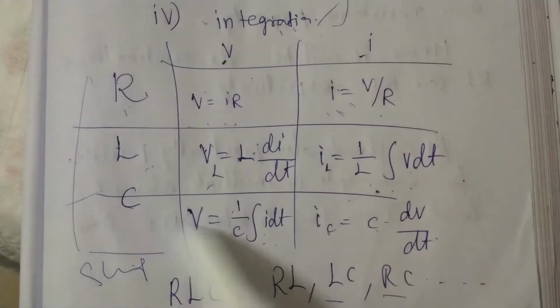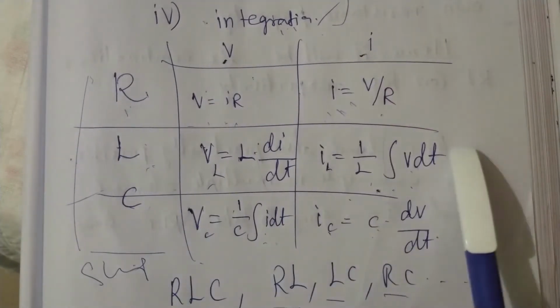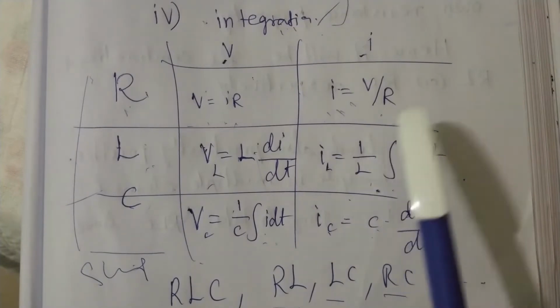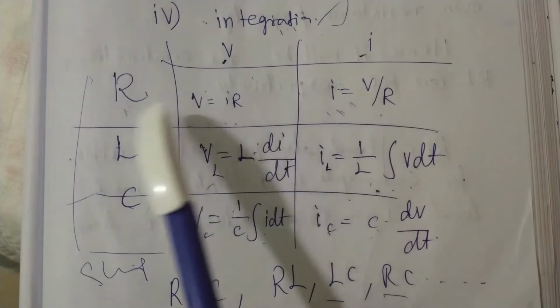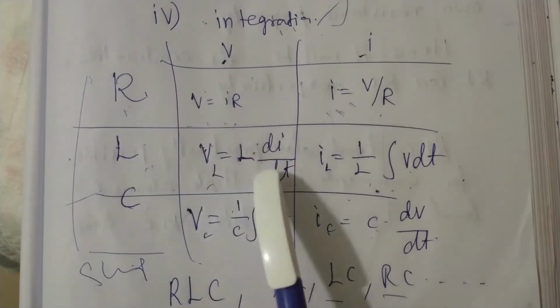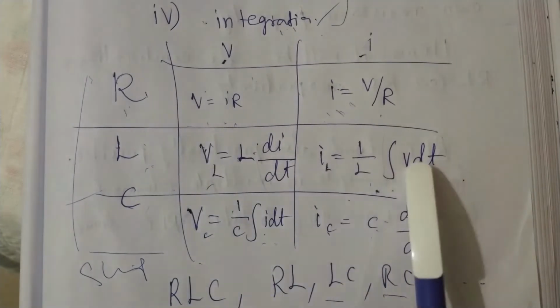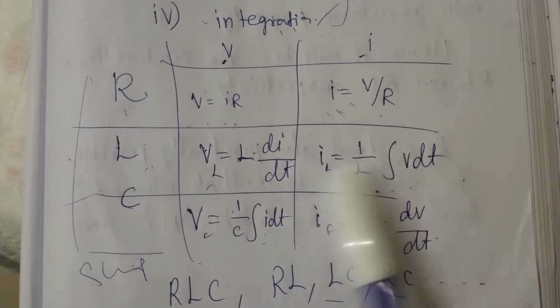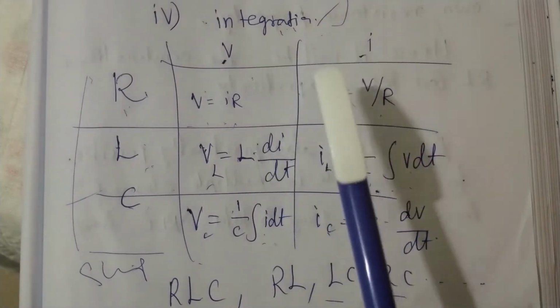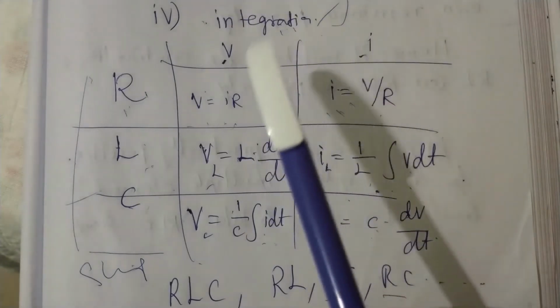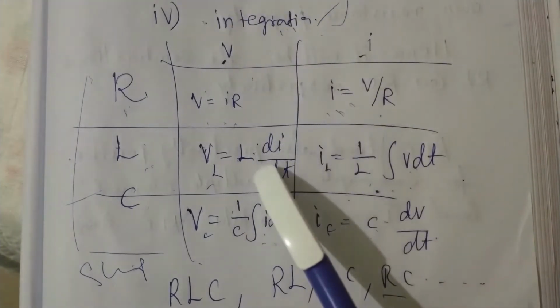These are basic things we know already. To find the voltage and current across an individual element, we use differentiation and integration. That is why, among the mathematical approaches, I have selected differentiation and integration.